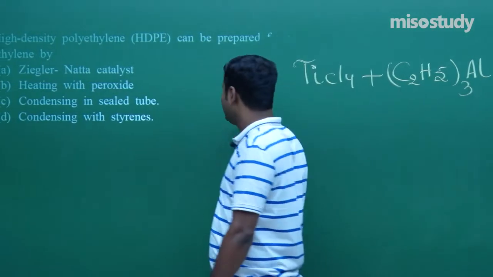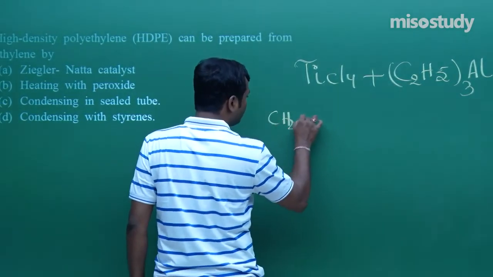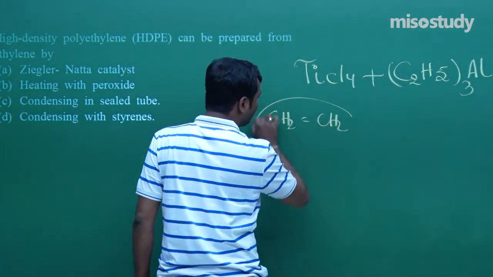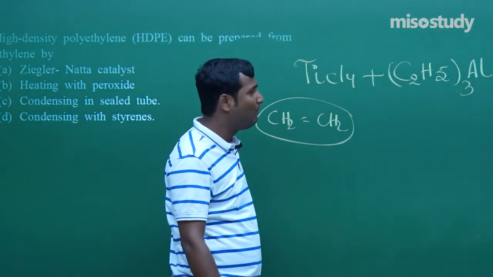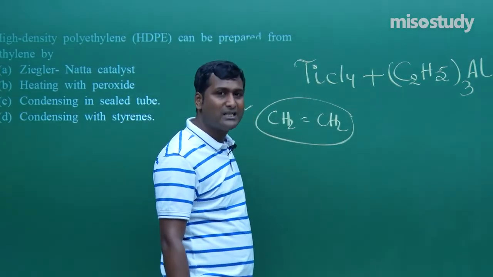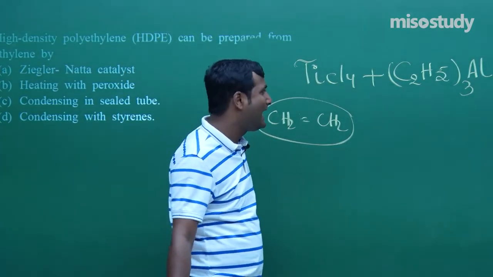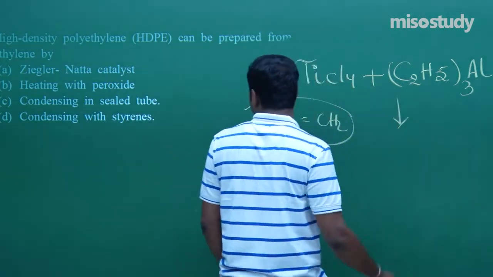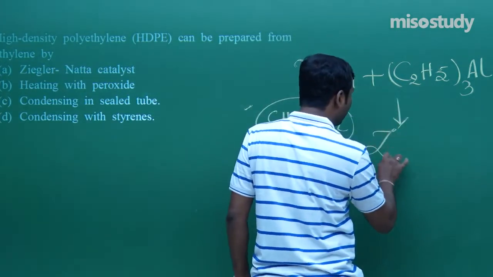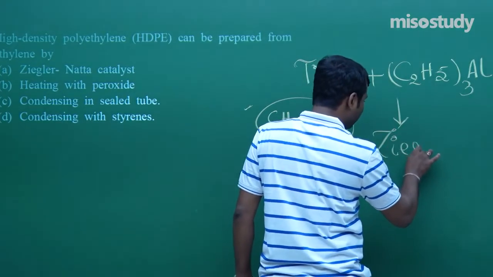Ethene is simply CH2=CH2, and it gives high density polythene by using TiCl4 plus (C2H5)3Al, and this is known as, remember this, the Ziegler-Natta catalyst.